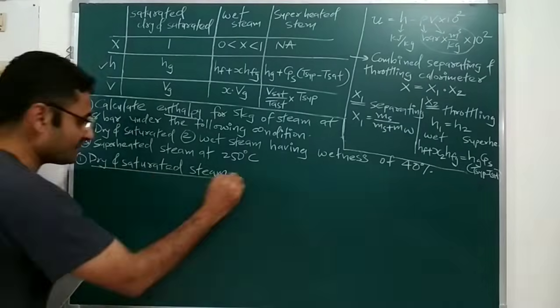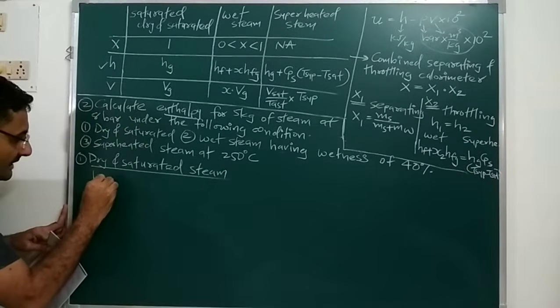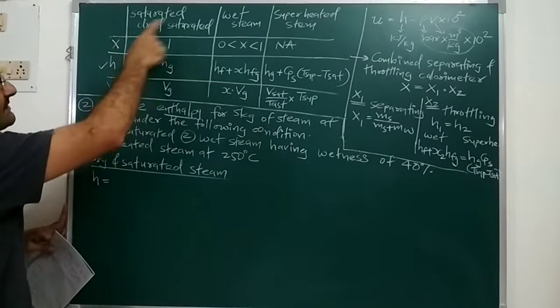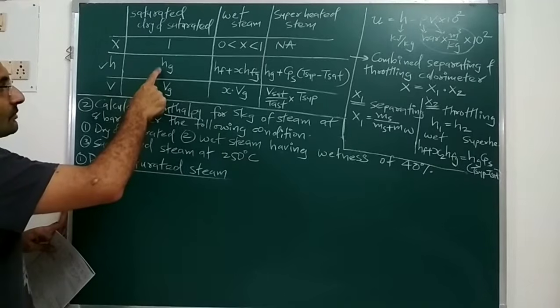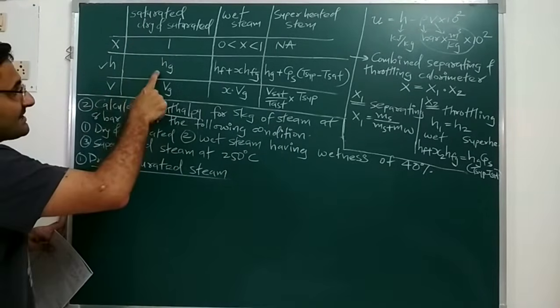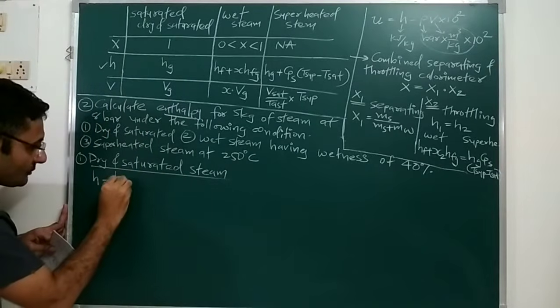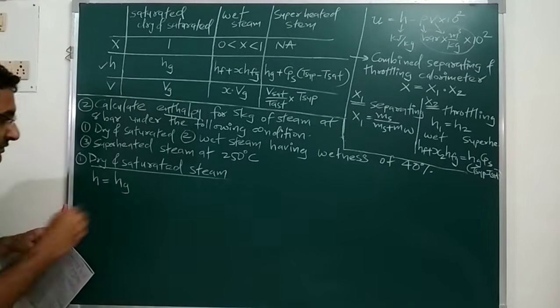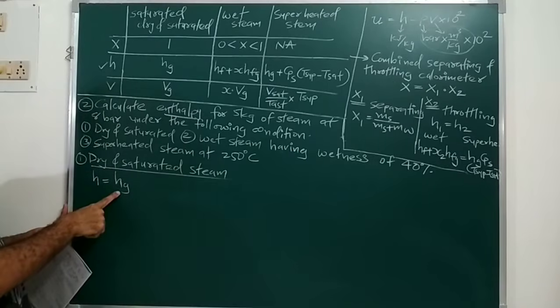Now for dry saturated steam, if you want to find out the enthalpy H, its equation is what? For dry and saturated steam, enthalpy is only Hg. So over here I will write Hg only. So from this steam table you will find out the answer of Hg.